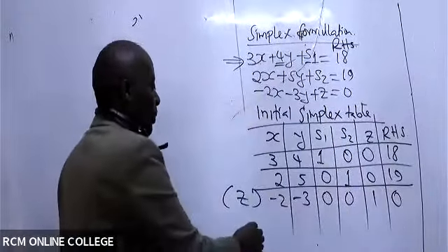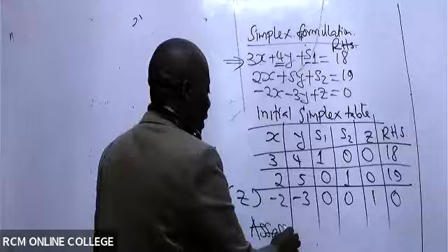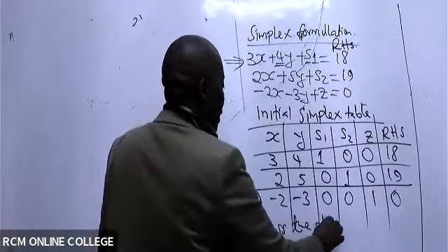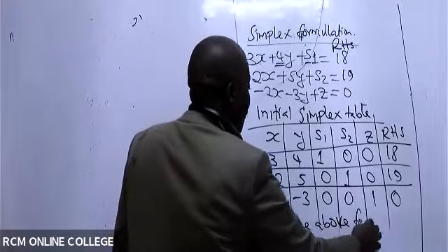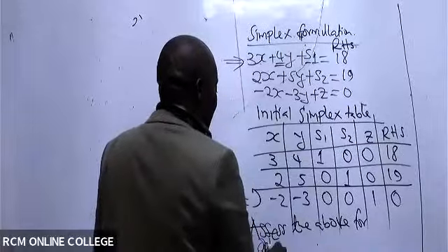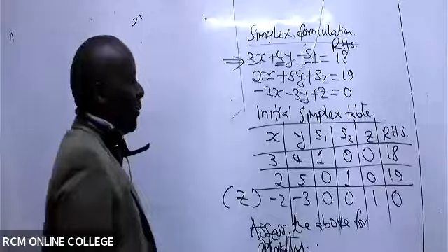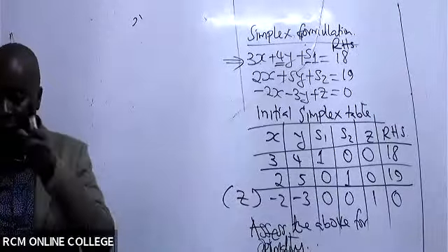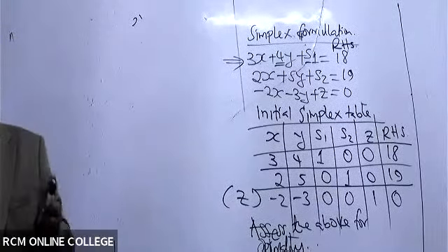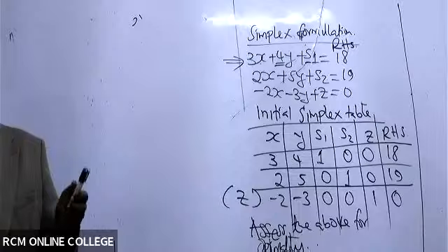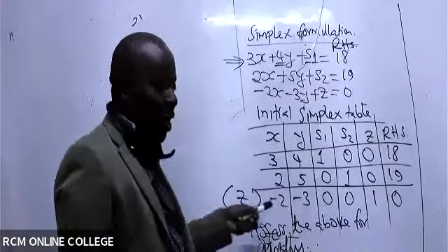Now, ladies and gentlemen, after I do that, I ask myself a simple question: we assess the above for optimality. Optimality means we are asking ourselves, is this the very best table? It can't be the best table, because we are seeing losses.